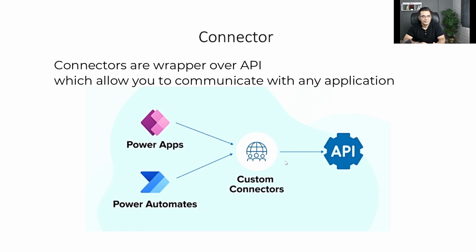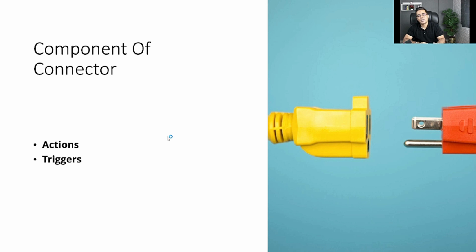So my friend, basically connectors are available in two forms. One is actions and one is triggers. Action, my friend, whenever you want to perform any action in any third party application or any application, you need some kind of action. For example, you want to retrieve a file, you want to update any record, you want to delete any record, you want to fetch any record, and that is what we perform using an API.